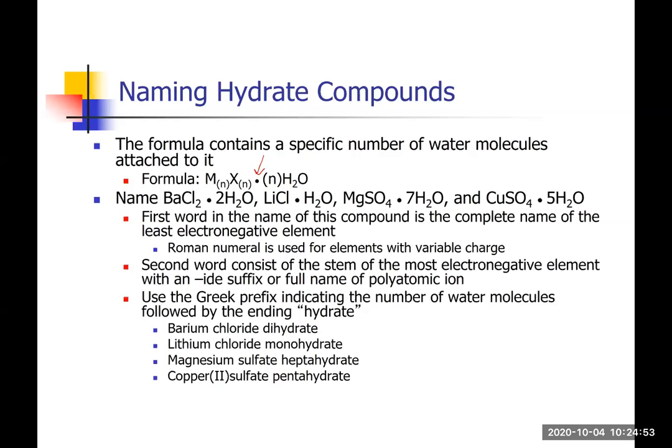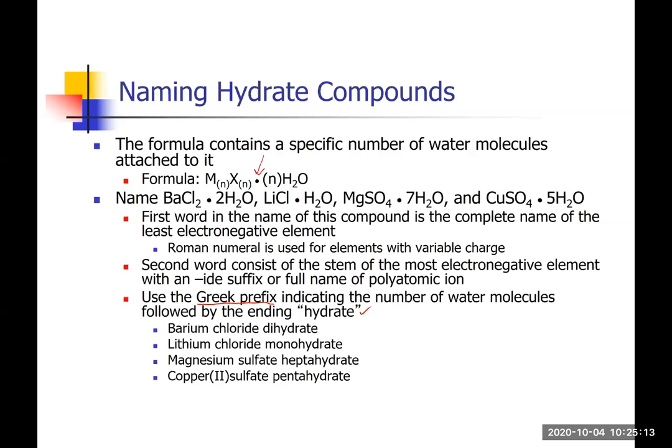And we use a Greek prefix to indicate the number of water molecules that we have. And then lastly, we add the word hydrate. So let's look at BaCl2, 2H2O. We say the full name of the least electronegative element, so that is barium.